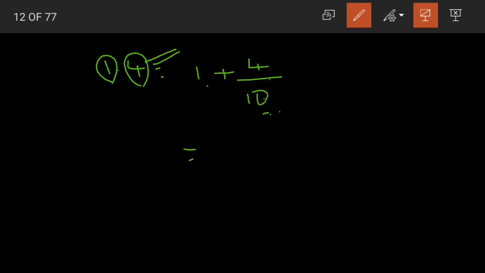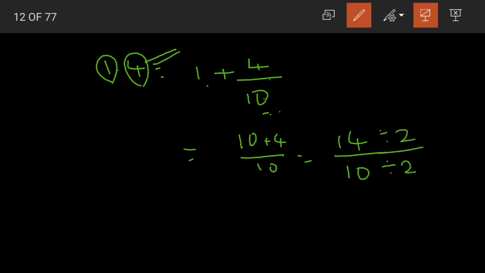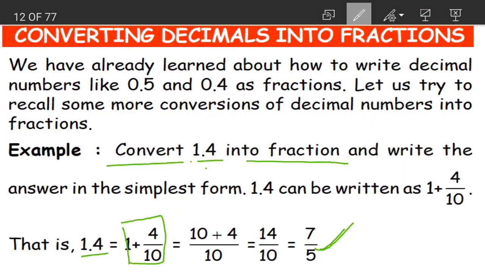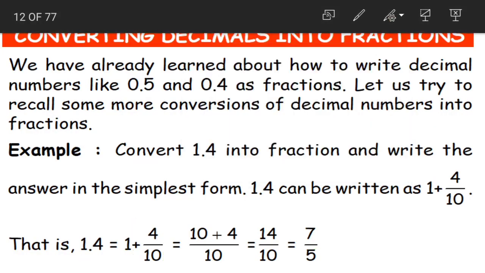Now 1 plus 4 by 10 will be nothing but 10 plus 4 by 10, that is 14 by 10. Next, as both the numerator and denominator have 2 as their HCF, highest common factor, we are dividing them by 2. So the final answer will be 7 divided by 5. The answer in its simplest form is 7 divided by 5. I hope this is clear, right, children?